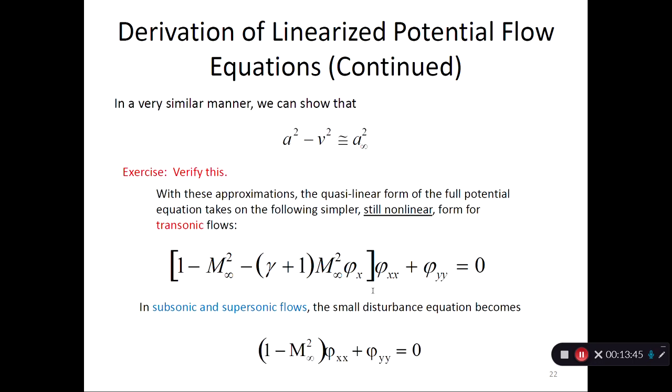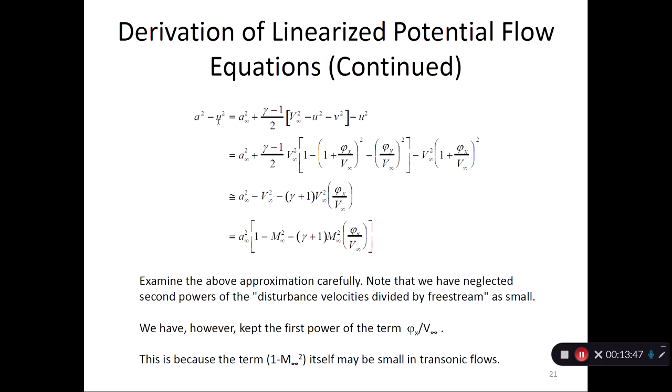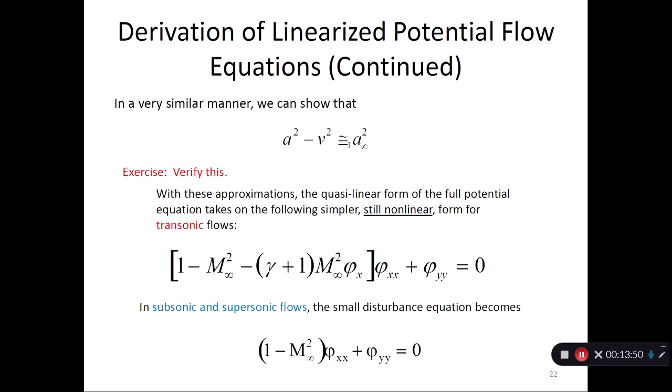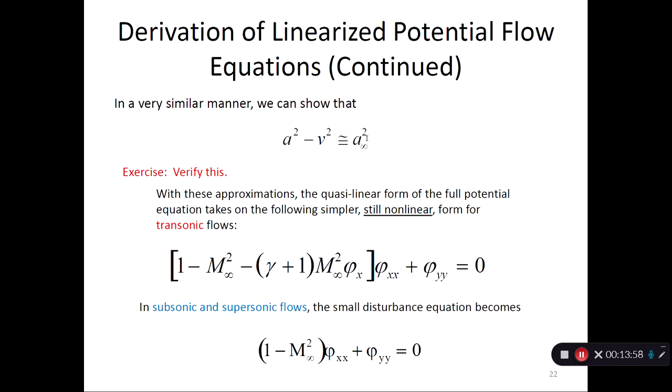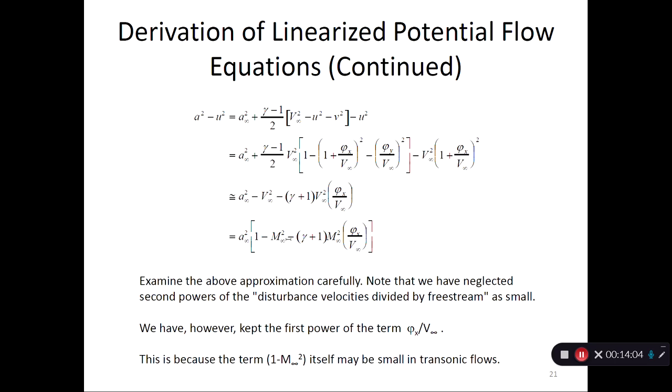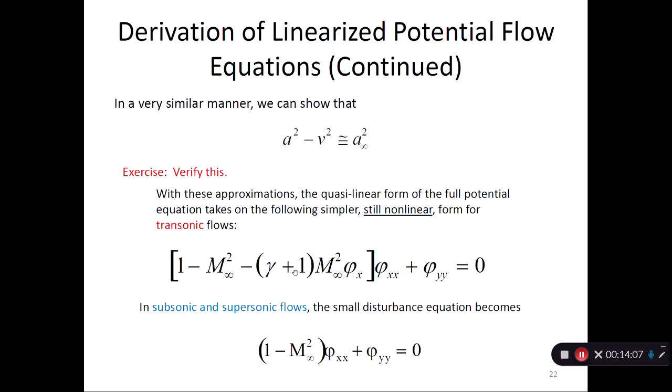Very similarly, just as we worked with a squared minus u squared, if you go through the motion with a squared minus v squared, you'll get just an a infinity squared. So you have an a infinity squared out here, and an a infinity squared out here. So a infinity squared will drop out everywhere. A squared minus u squared, this part will survive, which is what I have written in here.